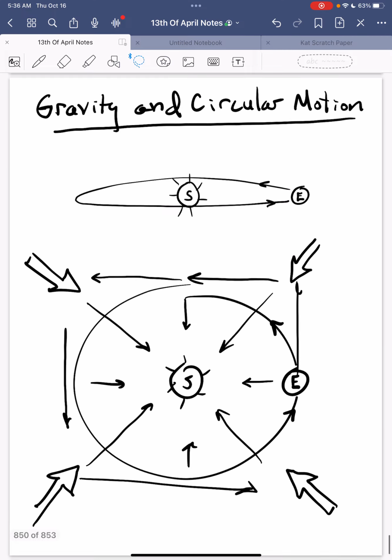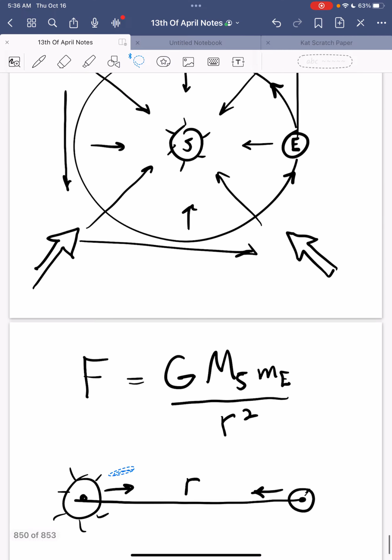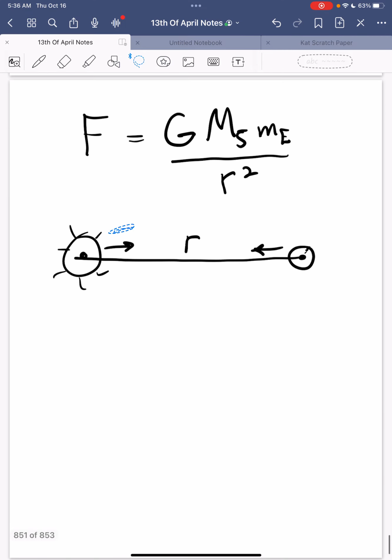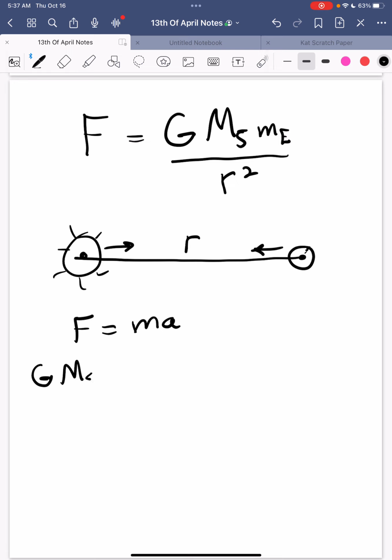And every time we have circular motion, we've got this centripetal acceleration. So if I want to write Newton's second law, F equals ma, for this type of system where I've got a circular path going around the Sun, then I would say the force that I know is going to draw the Earth in toward the Sun is just given by G, mass of Sun, mass of Earth, divided by r squared.